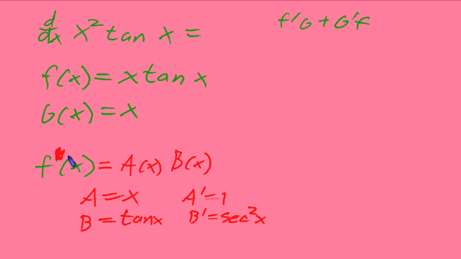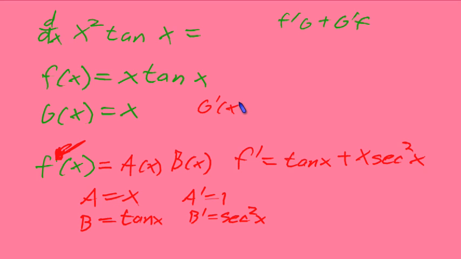Now we'll plug this into our formula to give f prime equal to tangent of x plus x secant squared x. And our g prime of x will equal 1.